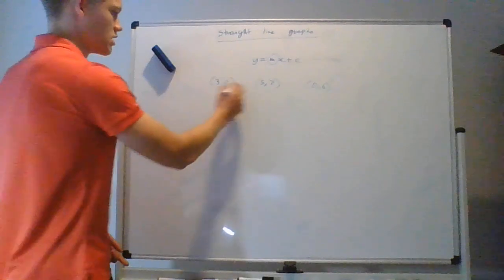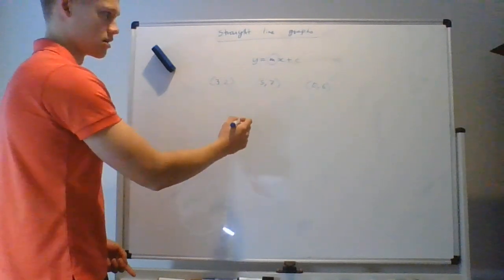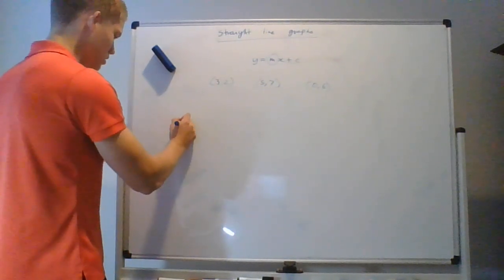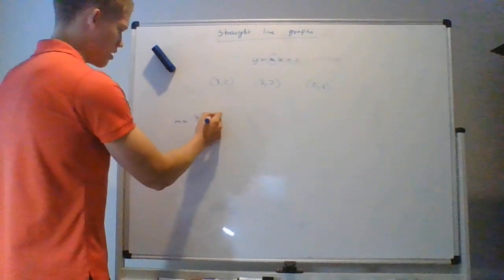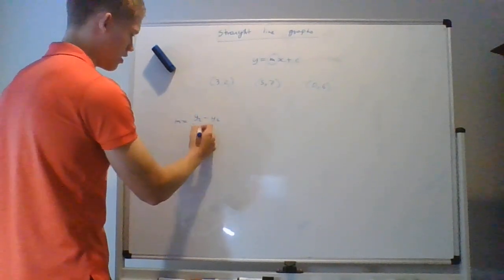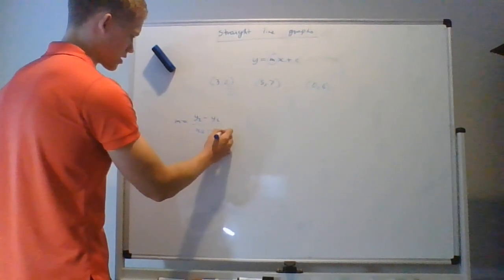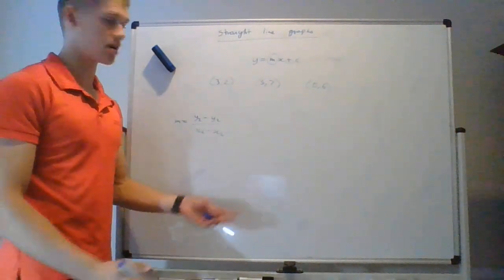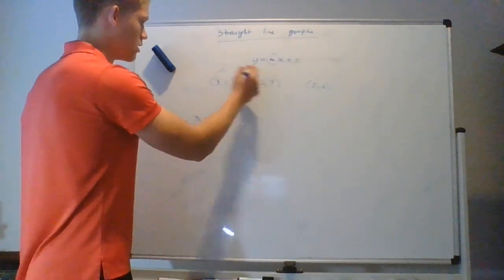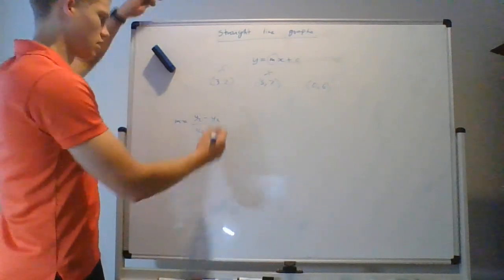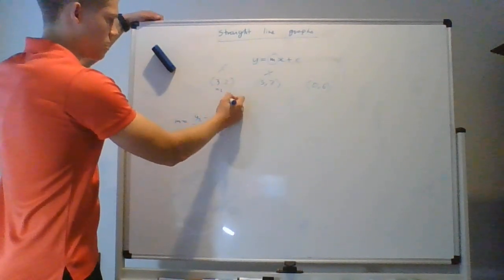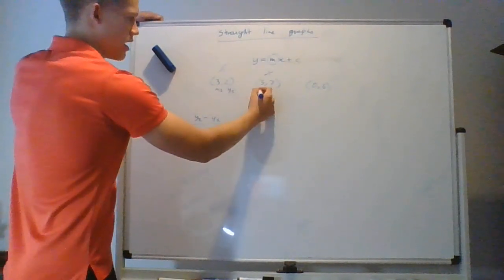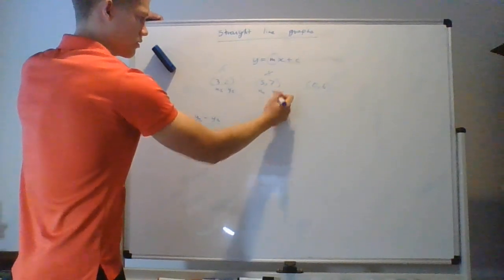I'm going to find the gradient of this. And we know that the gradient equals y2 minus y1 over x2 minus x1. For this sake, I'm going to choose this point and this point. I'm going to label this x1, y1, x2, y2.